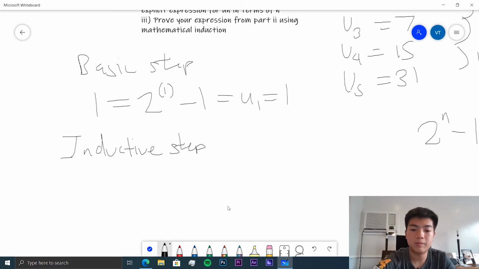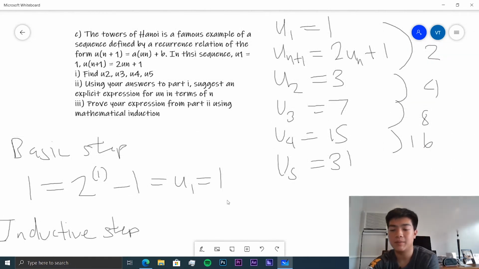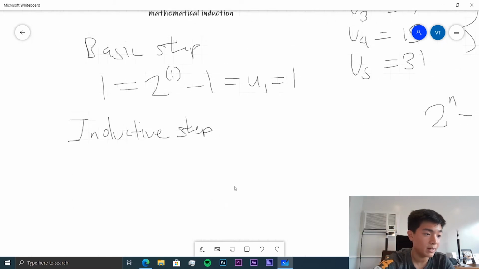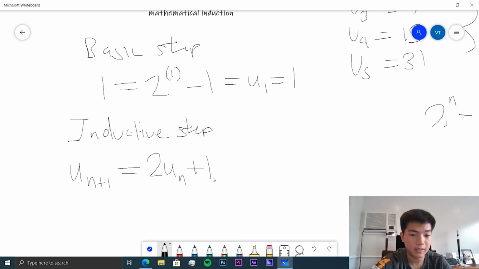So, we assume that this is true for some n, and we need to prove it for n plus 1. So we need to prove that the term u of n plus 1 is equal to 2 times u of n plus 1.